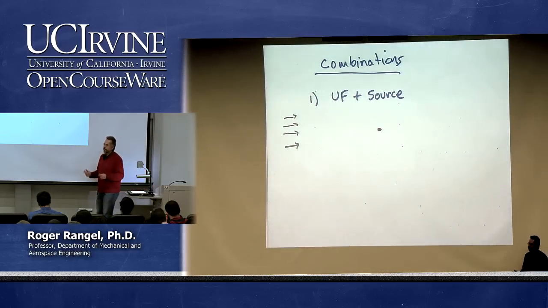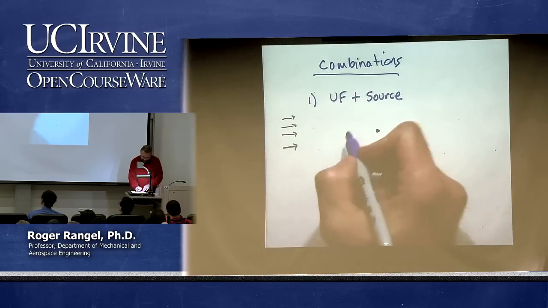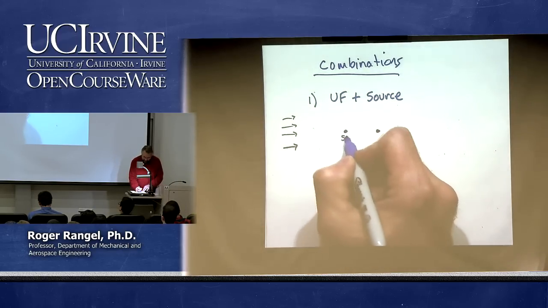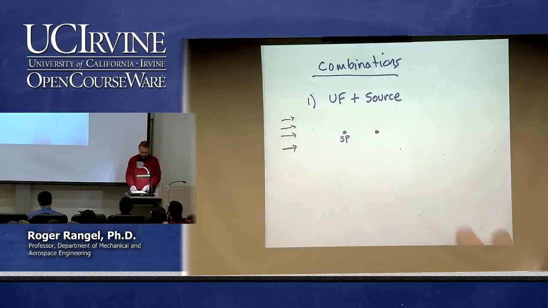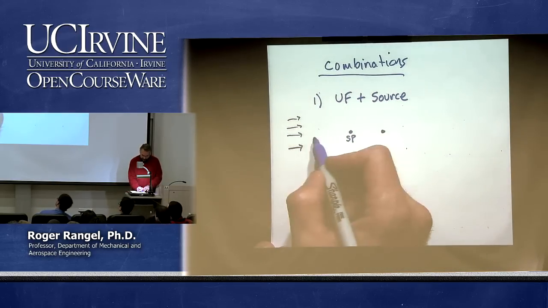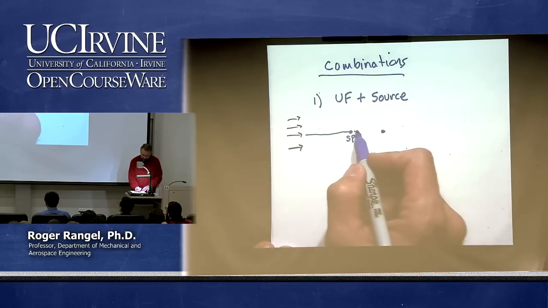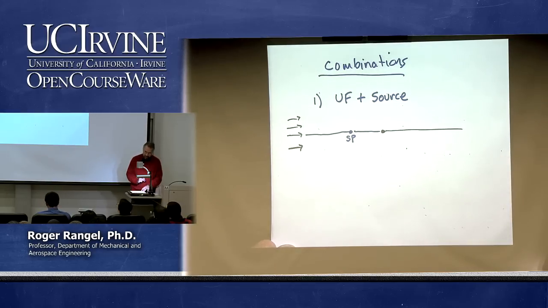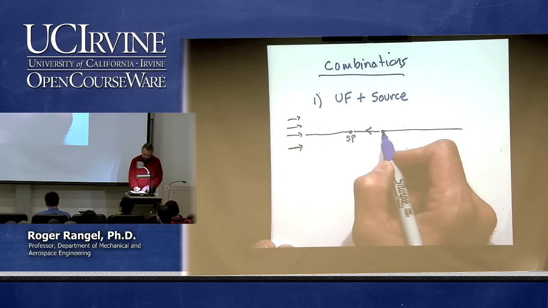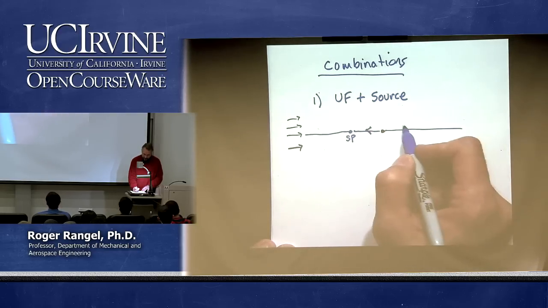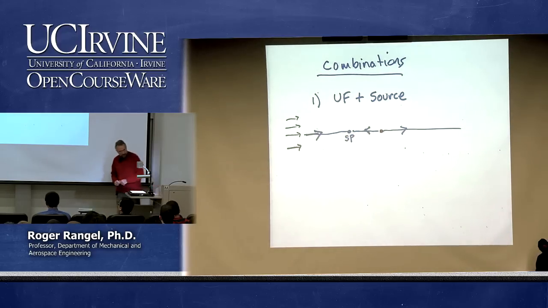then if I combine those things, I find that there is a streamline. First of all, I find that there is a stagnation point here, right, when I look at the velocity. And then I find, therefore, there is a streamline that goes right through that stagnation point, with the velocity going this way on this side, because that's the source right there, going that way on this side, coming this way on this side from the uniform flow.